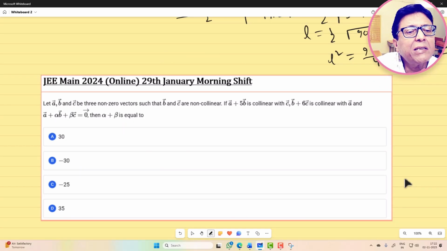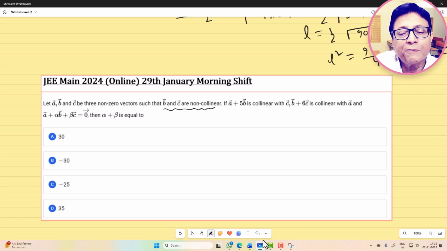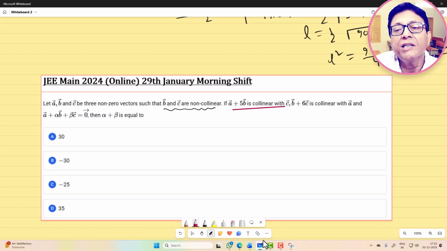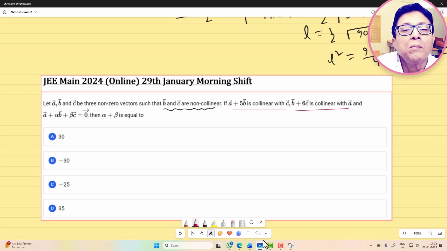A, B, C are three non-zero vectors such that B and C are non-collinear. A plus 5B is given collinear with C, B plus 6C collinear with A. But B and C are non-collinear.